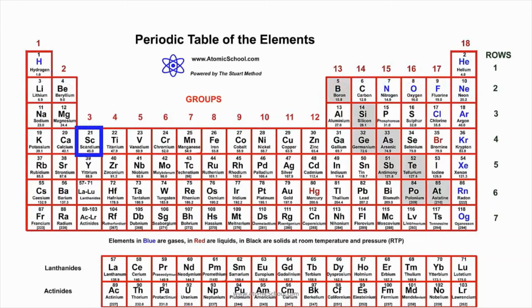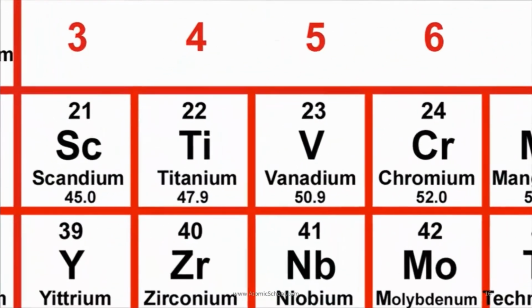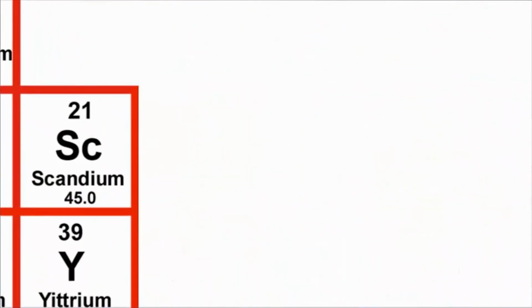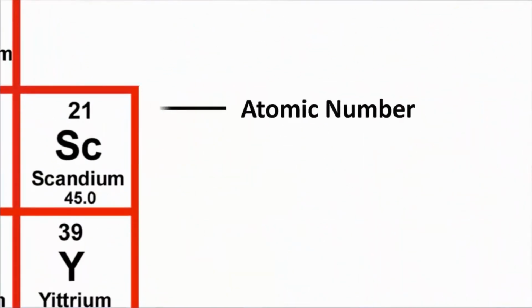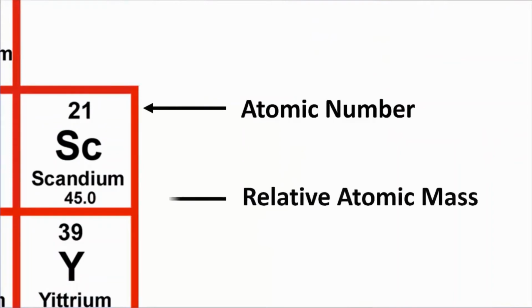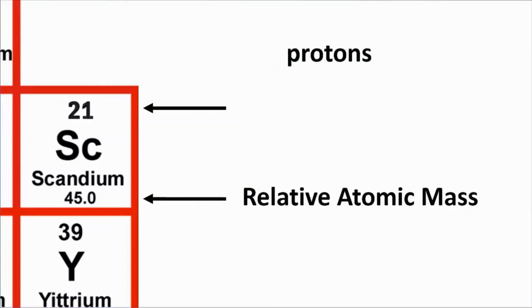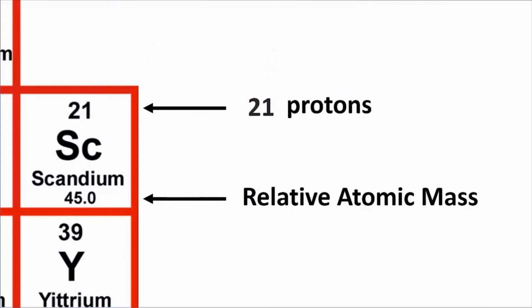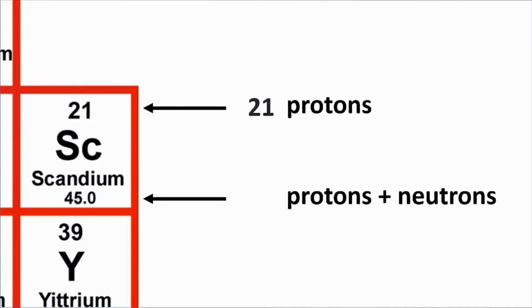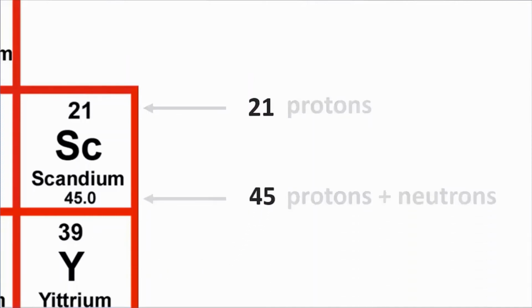How many neutrons does scandium have? Its atomic number is 21, and its relative atomic mass is 45. That tells us it's got 21 protons and 45 protons plus neutrons.